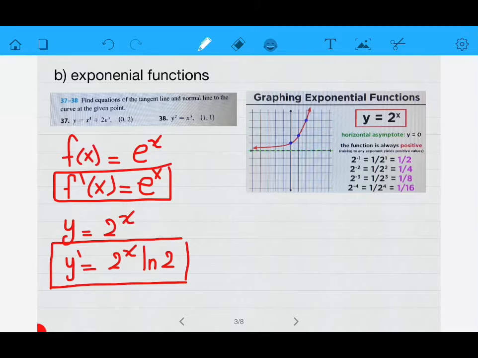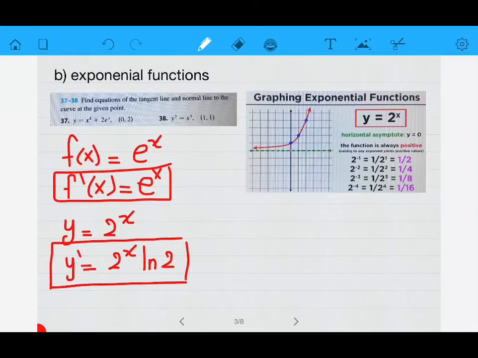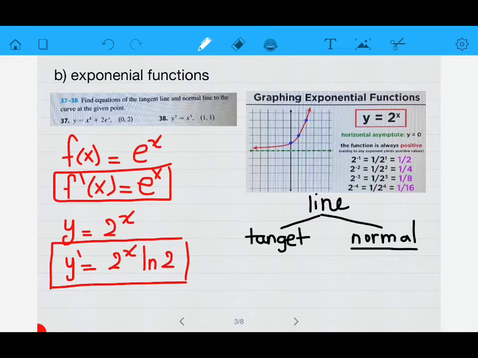Now here are the equations. You want to find the equation of the tangent line and the normal line to the curve at a given point. Remember, for the tangent line we have y minus y1. We write line: it has two parts, tangent and normal. What is the difference?